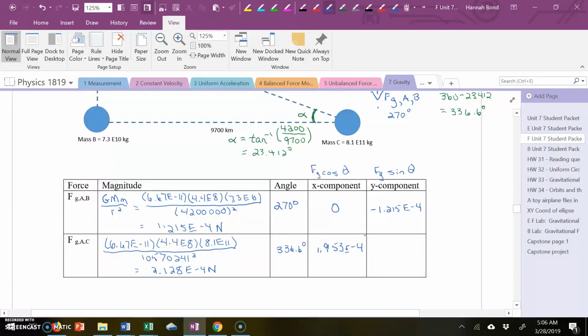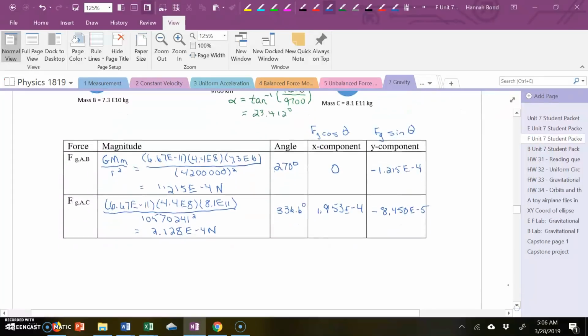I'm going to take that magnitude, the 2.128 e to the negative fourth, times sine of 336.6, and that gives me the y component, which is negative 8.450 e to the negative fifth.